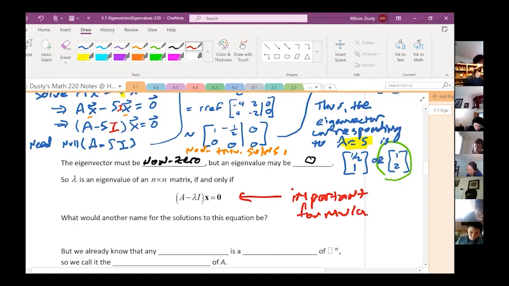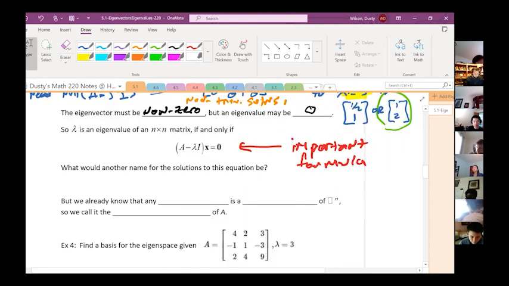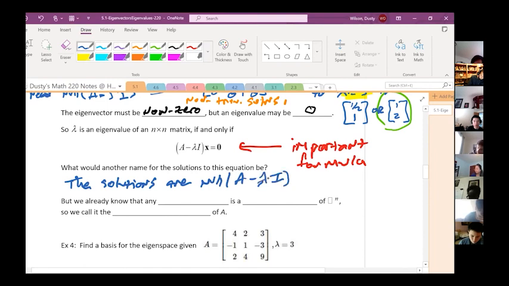Let's see. So notice this is a homogeneous equation. So another name for the solutions to this equation would be the null space of A minus lambda I. But we already know that any null space is already a subspace.